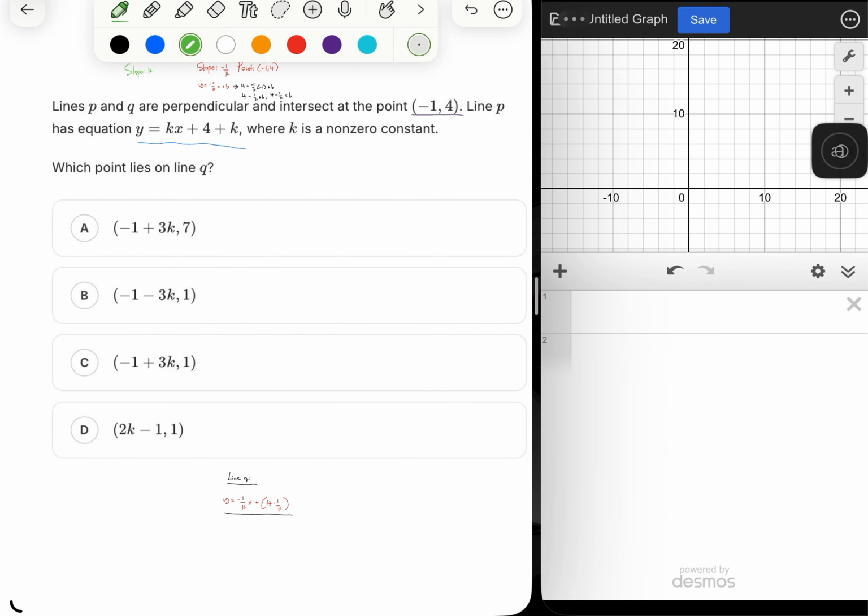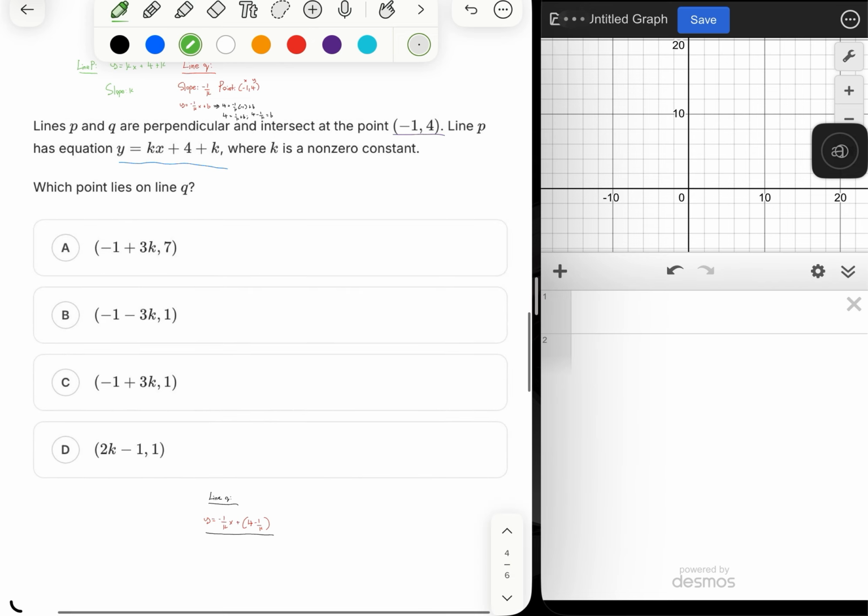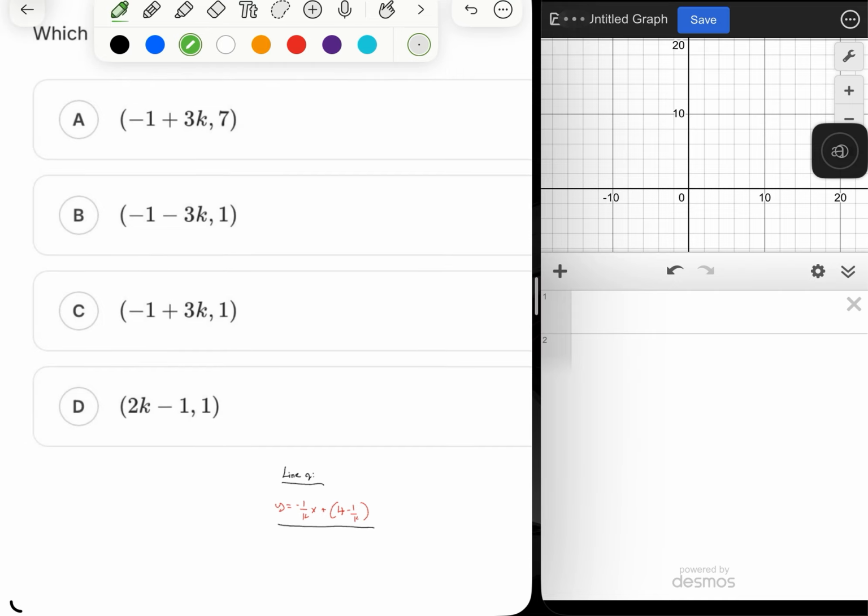If a point lies on a line, once again, this goes back to what I just explained, that means that point has to be a solution for that linear equation. So if you plug in answer choice A into the equation for line Q and it holds true, then that means it's on the line.